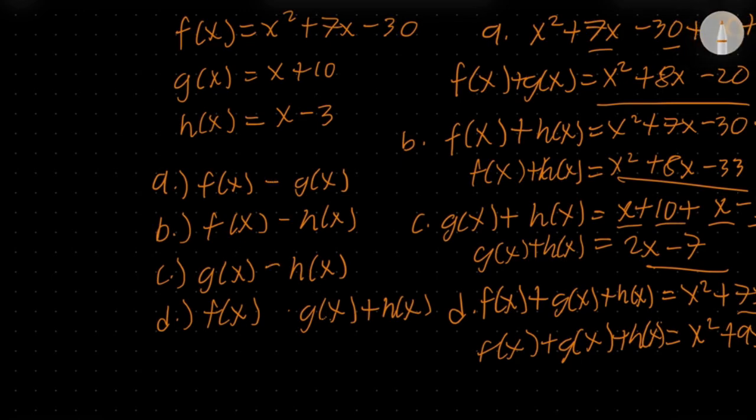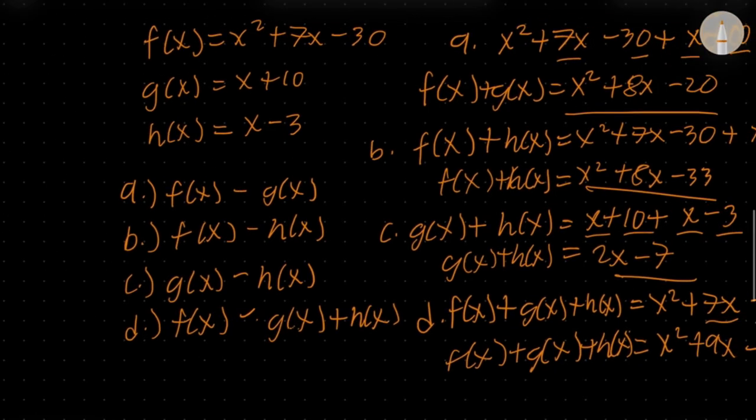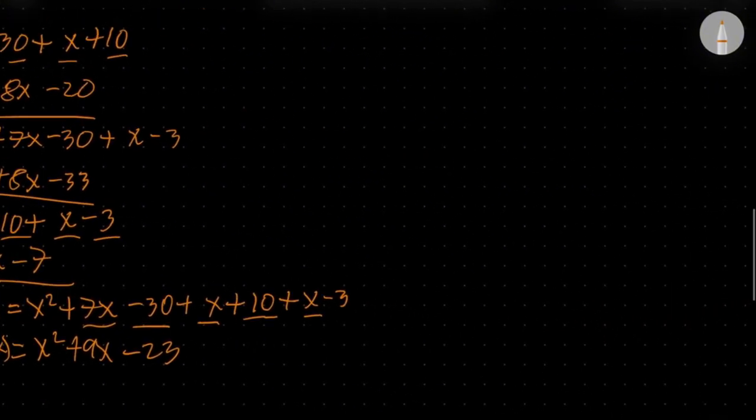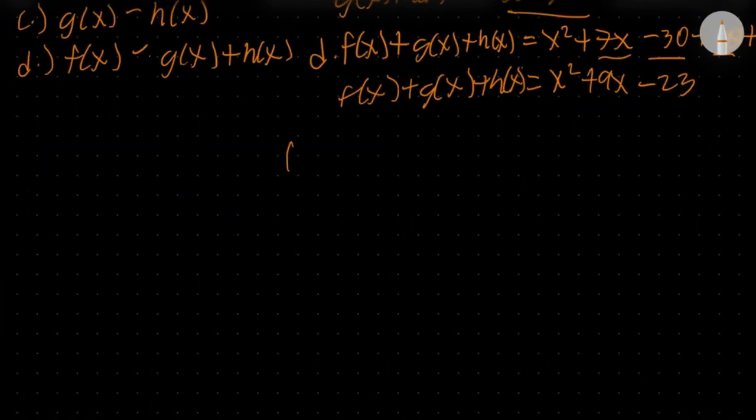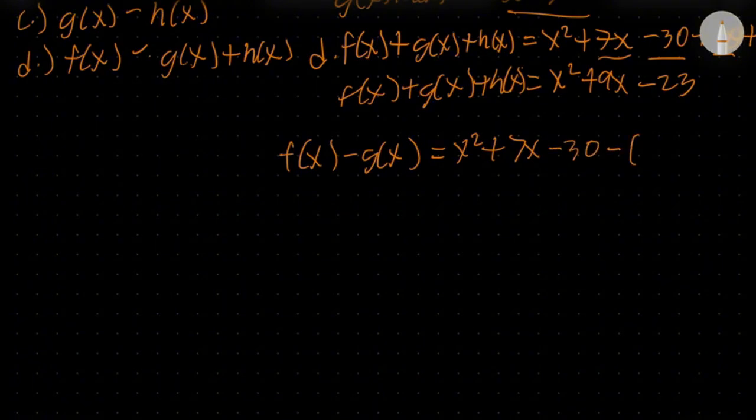F of x minus g of x is x squared plus 7x minus 30 minus x plus 10.